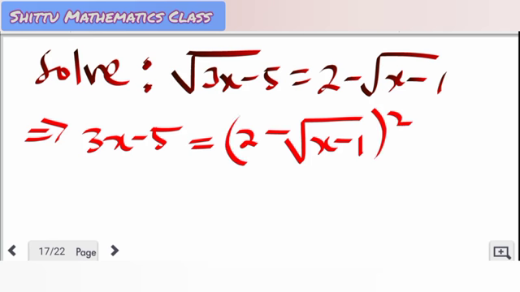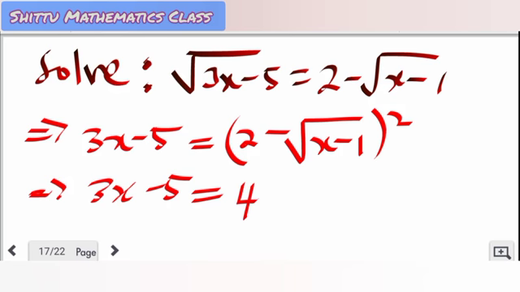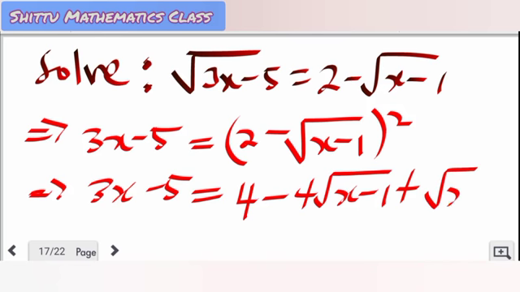Now having this, we are going to expand the right hand side. So we have 3x minus 5 equals, now expanding this, we are going to have 4 minus 4 into bracket square root of x minus 1, plus square root of x minus 1 all squared.